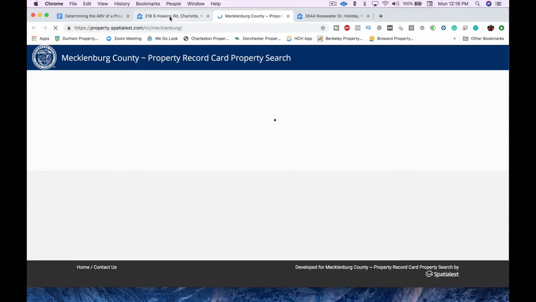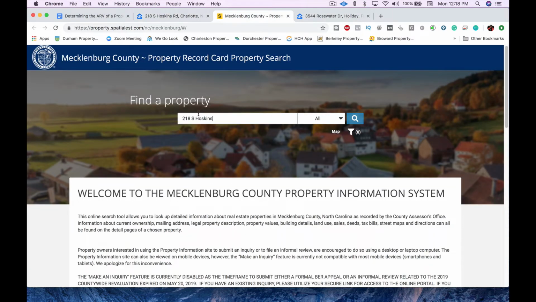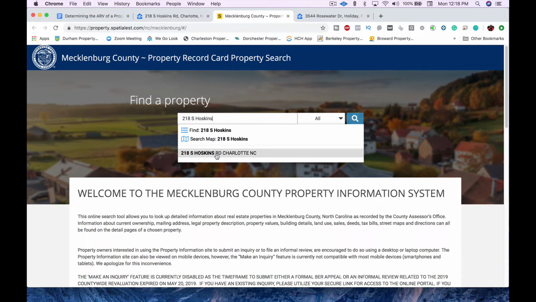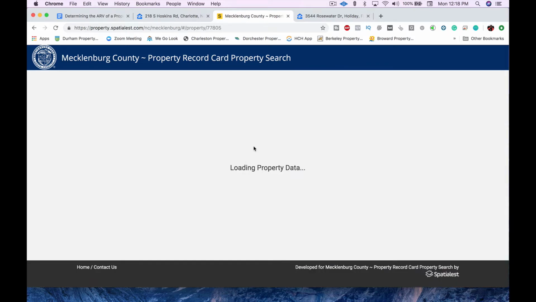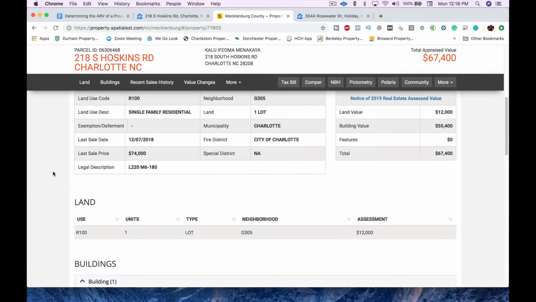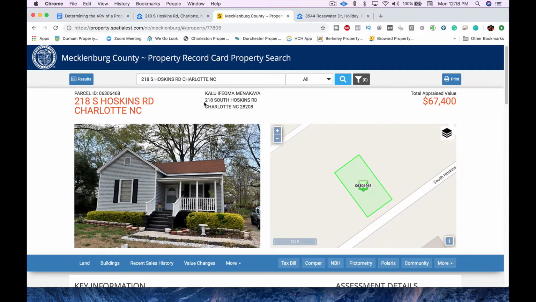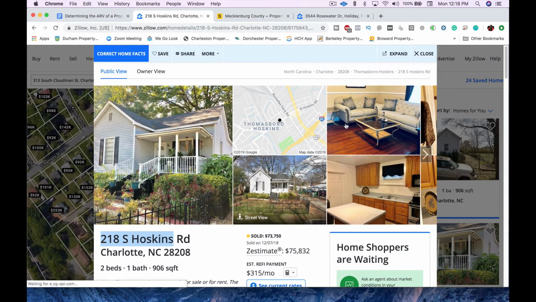We'll probably have to enter in the address. Here it is. Okay, so actually a regular homeowner bought this property. But it could be an investor too because they could have placed the mailing address as the same as the property address, but not live there. I've seen that happen.